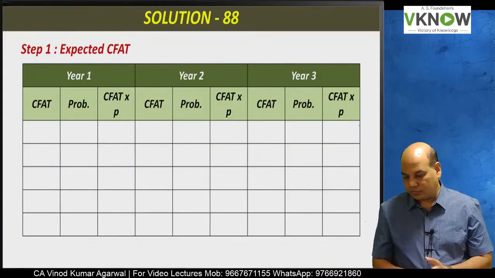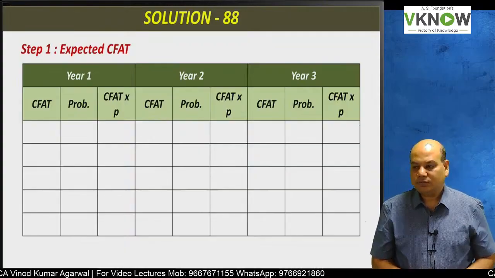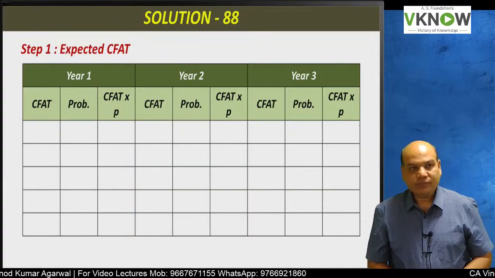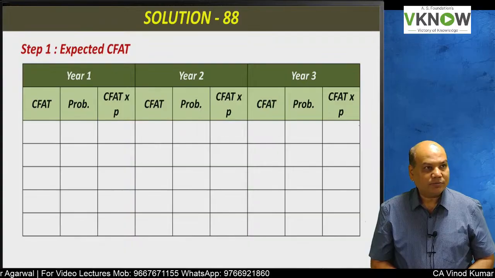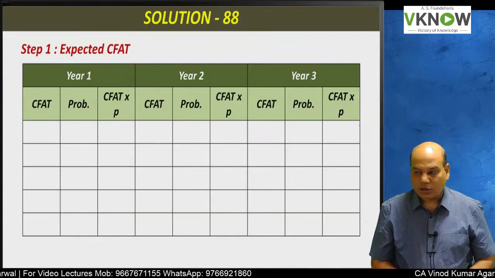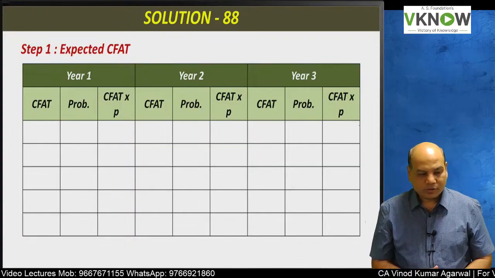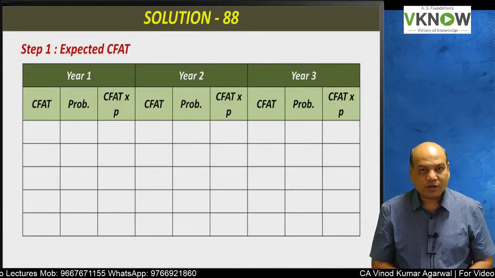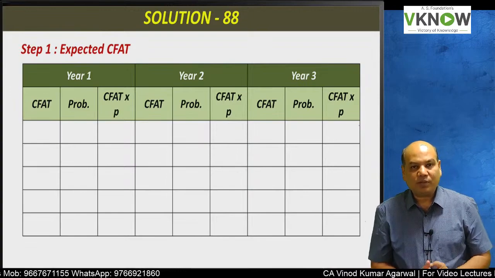Year 2, CFAT, probability, CFAT into probability. Year 3, again same 3 columns, CFAT, probability, CFAT into probability.